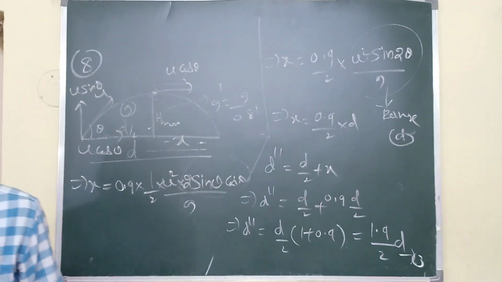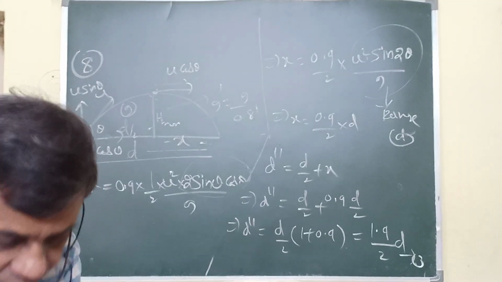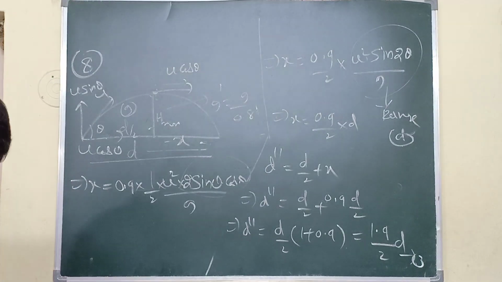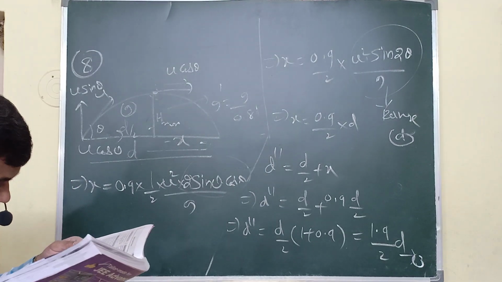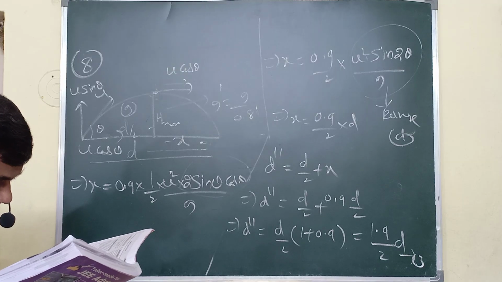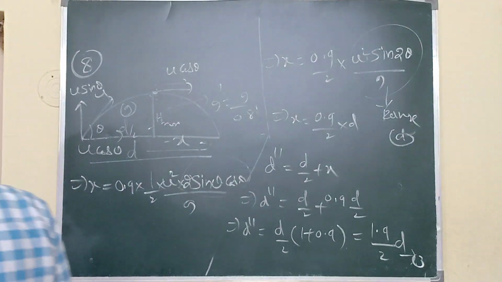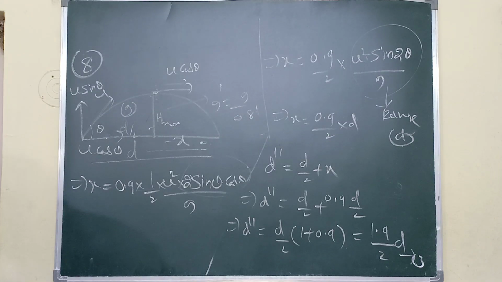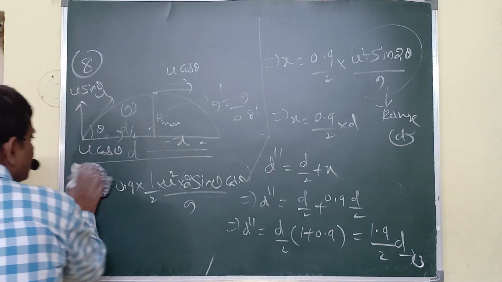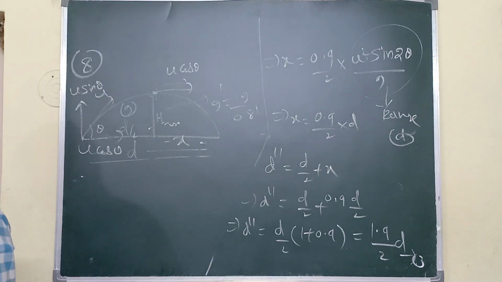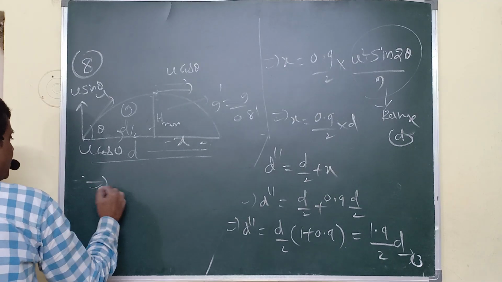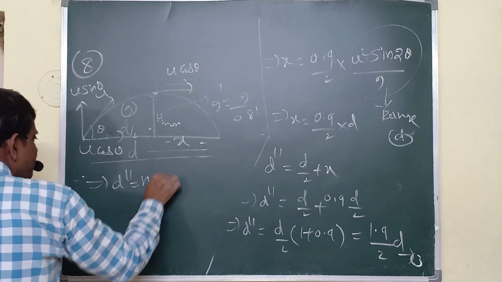But what is the given condition? D double dash. He had given D double dash equals nD. This implies D double dash equals nD.